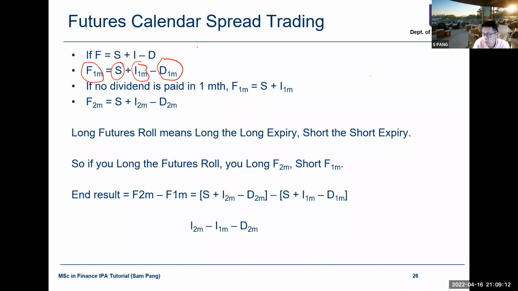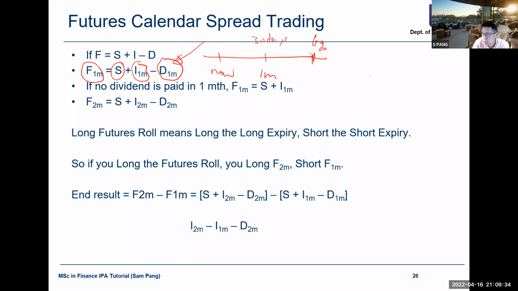Now, because there is no dividend in the first month, so if this is the time now, this is 1 month or 30 days if you want. This is 30 days. And then this is 60 days.